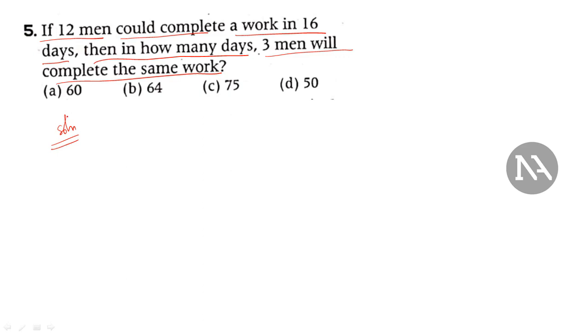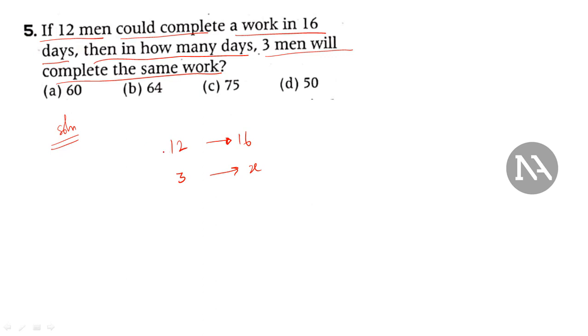I already told you in the unitary method theory topic: if it is a men and work topic, then definitely it is inverse proportion. So 12 men complete the work in 16 days. The same work with 3 men, in how many days will it be completed?